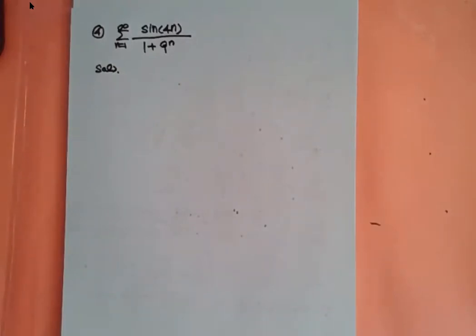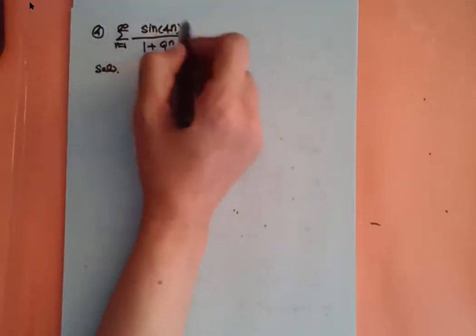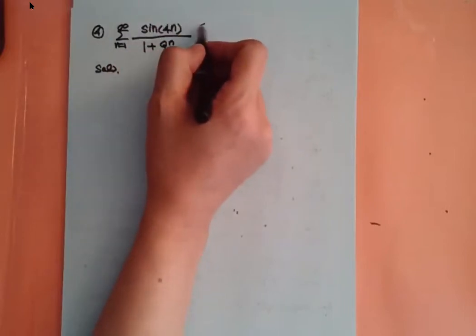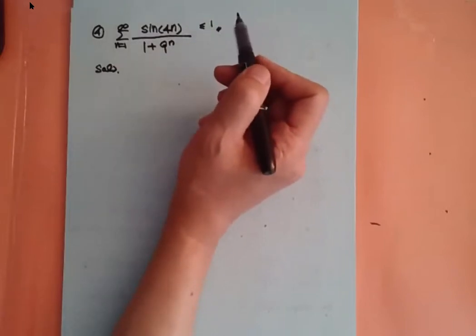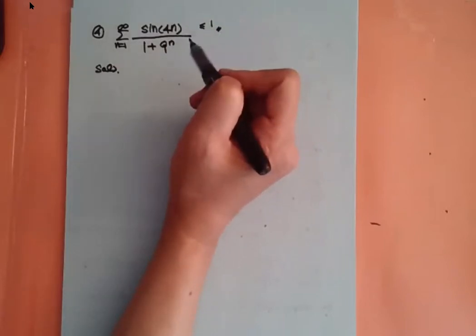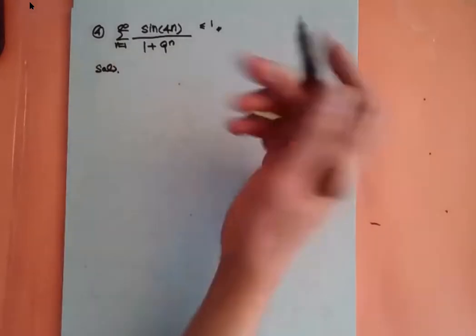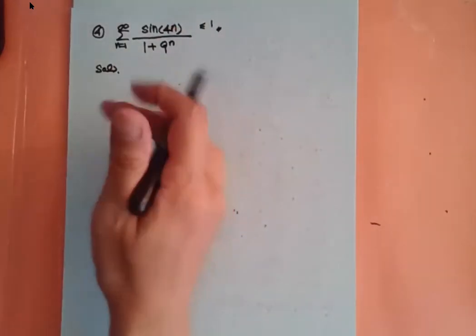What you notice is that the sine function is a bounded function, so it is less than or equal to 1. Maybe it is better to compare with the sequence 1 over 1 plus 9 to the n power.